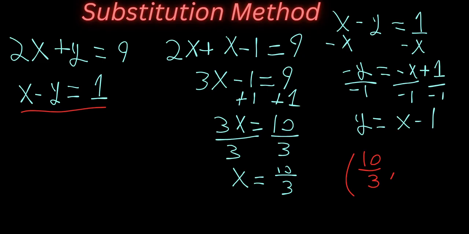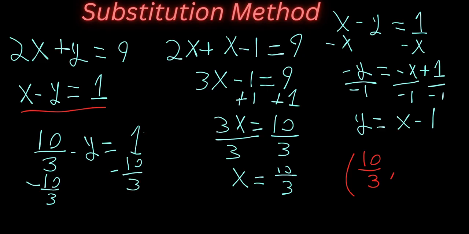Let's plug the x value in. 10 over 3 minus y equals 1. Subtract 10 over 3 from both sides. This you could rewrite as 3 over 3. Negative y equals negative 7 over 3.